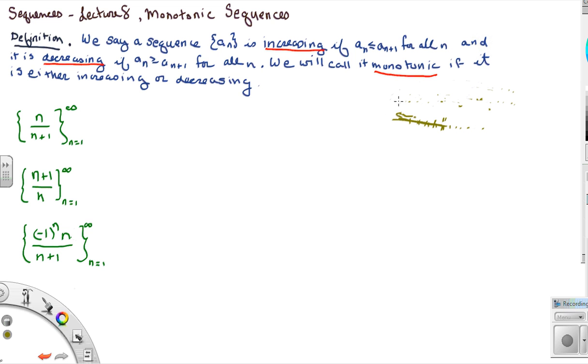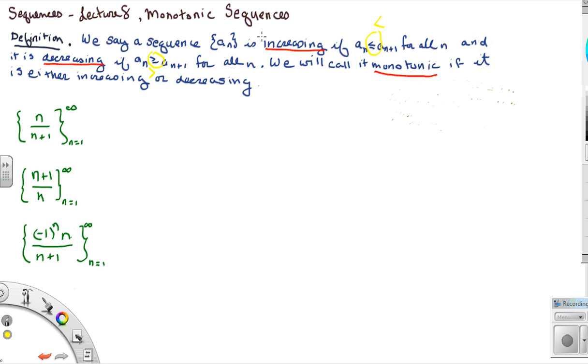Before I go on, a quick difference between my definition and the book's. Be careful with WebAssign. WebAssign is going to expect you to use the book's definition. But I like my definition because it's more general and all the theorems we talk about work with this. In the book's definition, they have strict inequalities here and here.